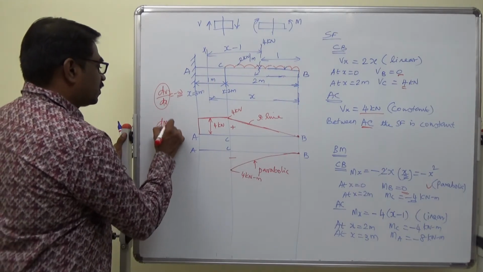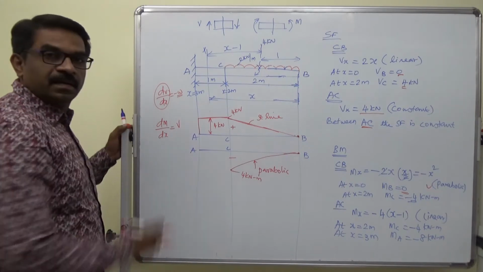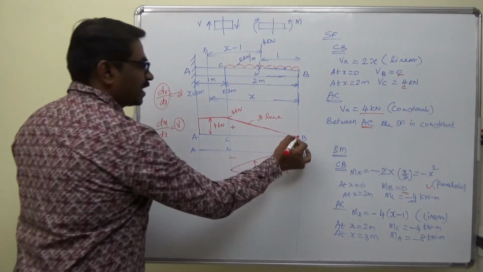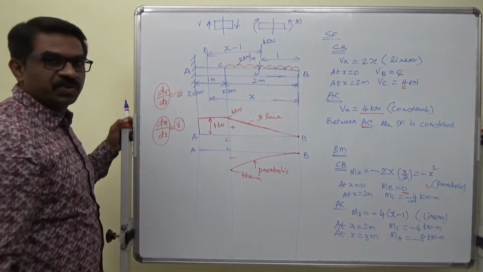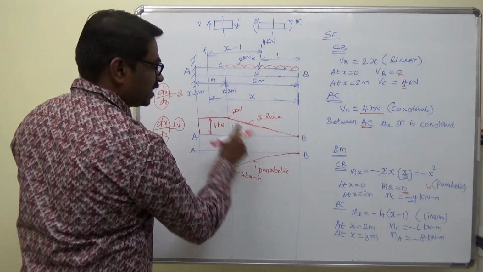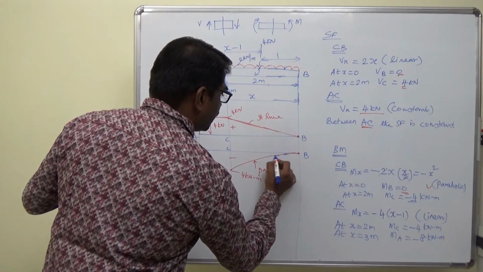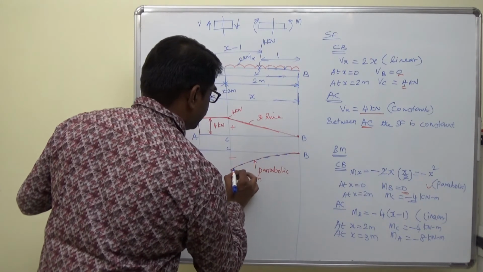You can look at this relation. So when V is actually increasing, the slope will also change, right? So this shear force value is increasing, so the slope is also changing and keeps increasing.